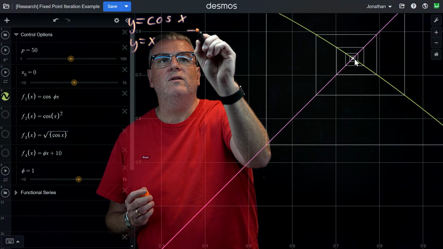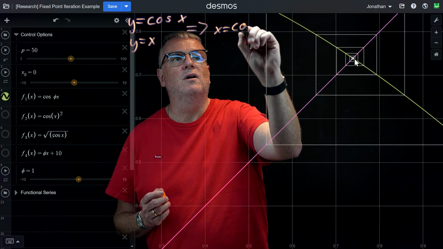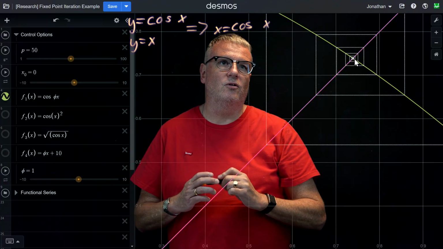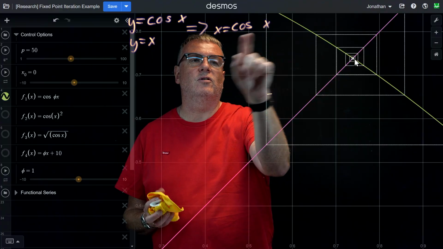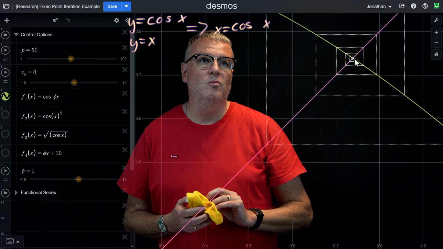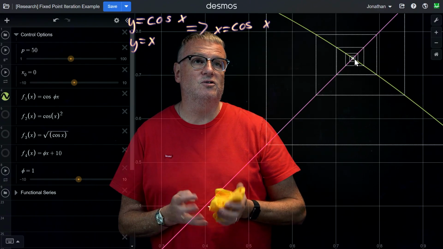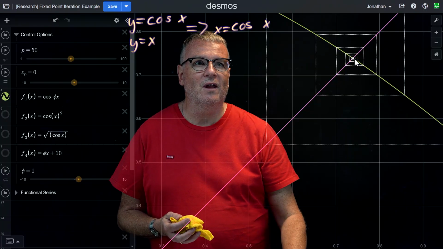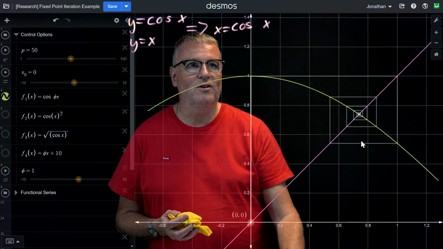And so where these two lines meet is x is equal to cosine of x. So what my Casio calculator was doing when I jabbed the buttons like crazy was giving me the solution of this equation. It's quite a hard equation for a human to solve. There's no nice easy way for us to solve it, but the system has done it, and we're able to see this nice graphical example.